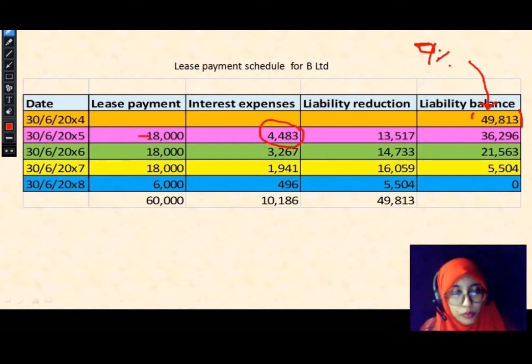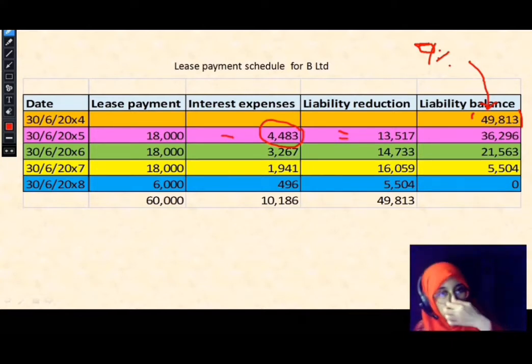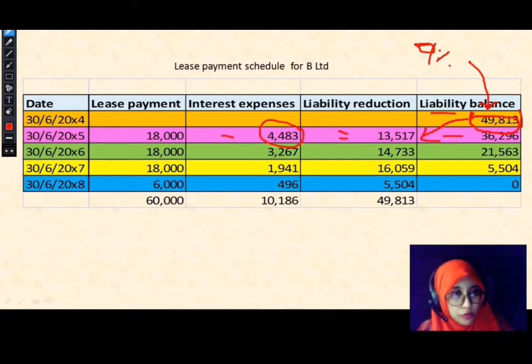So we minus 18,000 and minus the interest expenses, the liability will reduce, and it will become 13,517. So this amount, which is 49,813, needs to be reduced by the liability reduction, and this is the balance. The same thing happens until you get 0.